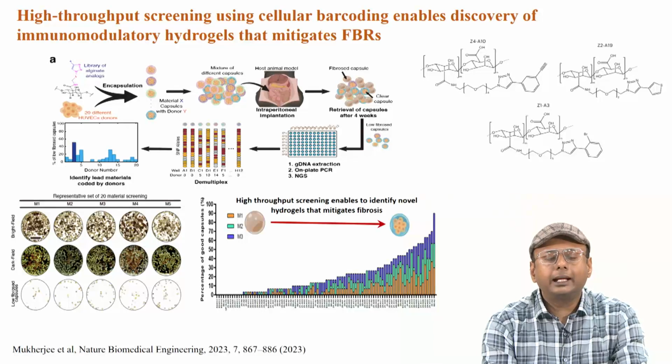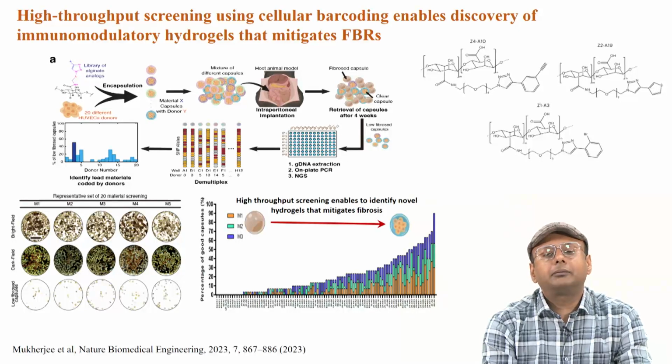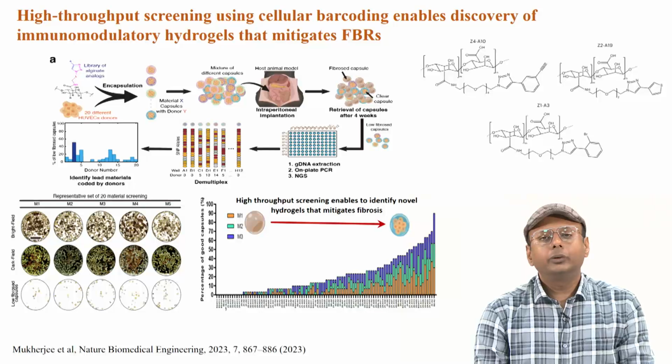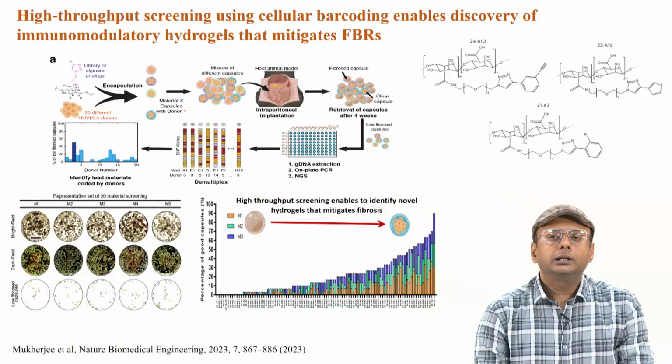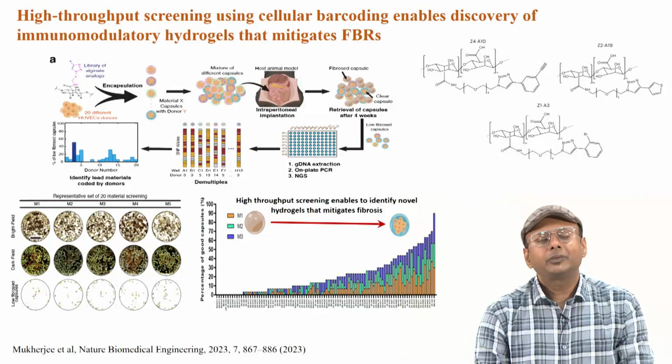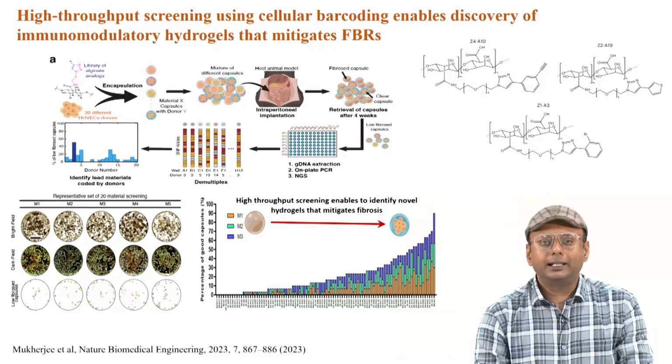And what happens, as we have this large library of molecules, we need a large number of animals to screen this. So unless we develop a high throughput screening approach, screening this number of molecules cannot be done, because nowadays all the institutes and the regulatory agencies are not allowing researchers to use too many animals.